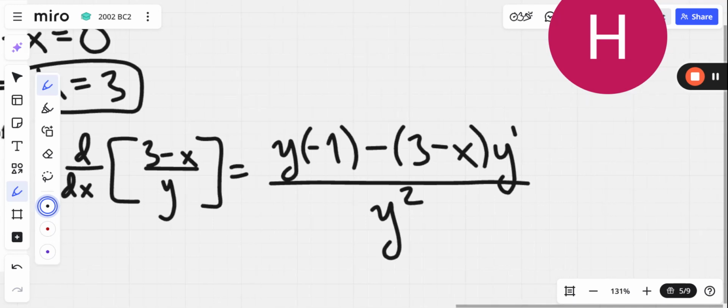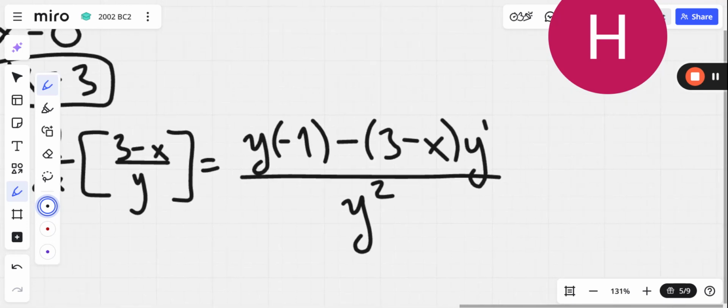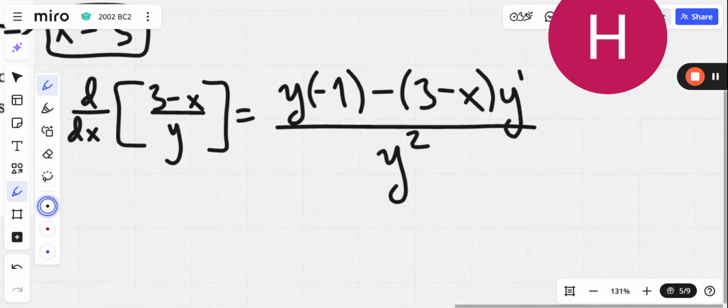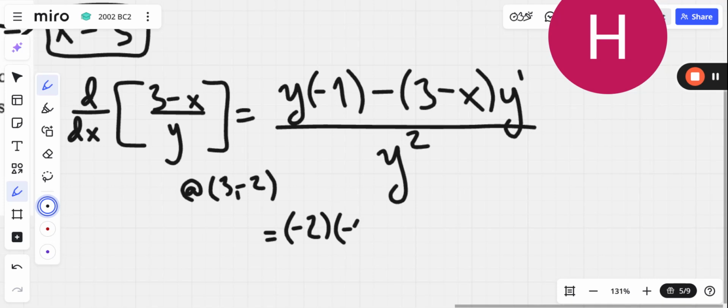Now at this particular point, where x equals 3, this is pretty easy to evaluate. So at the point (3, -2), this is simply going to be equal to -2 times -1 minus, both of these terms go to 0. Both 3 minus x and also y prime go to 0 at that point.